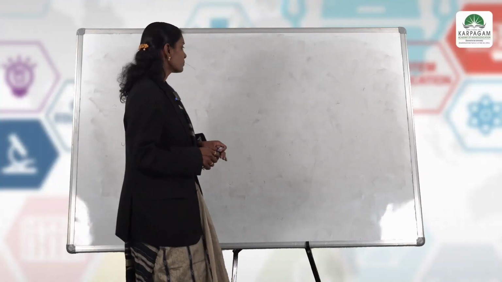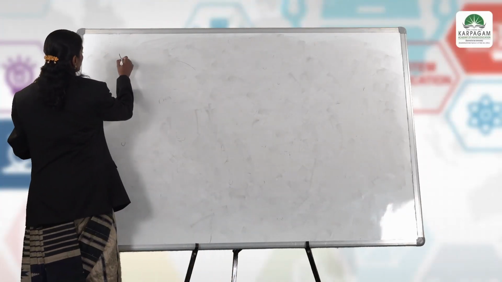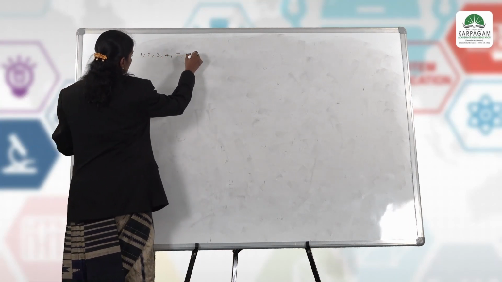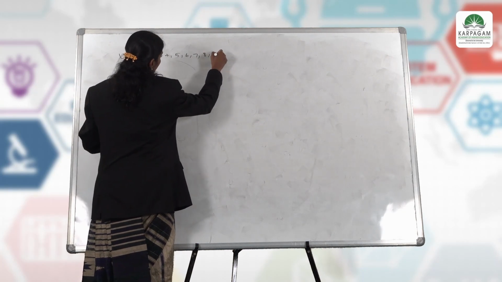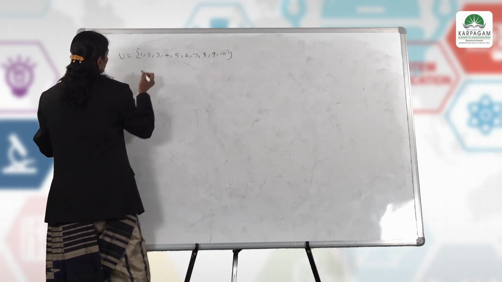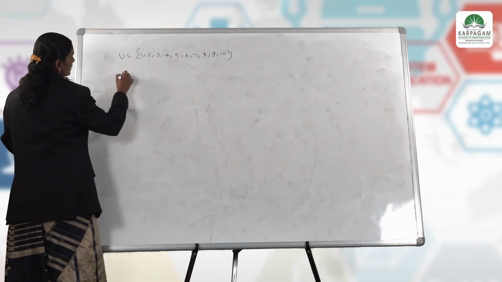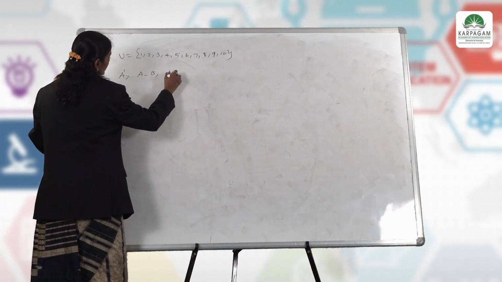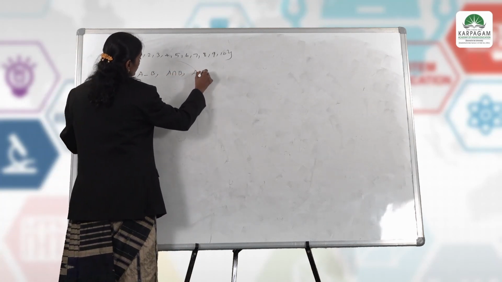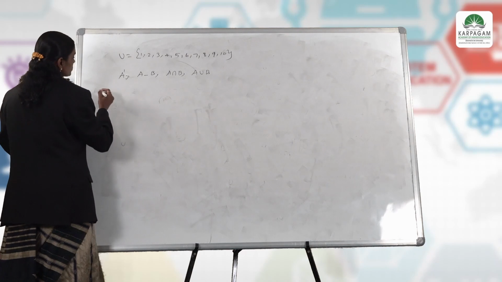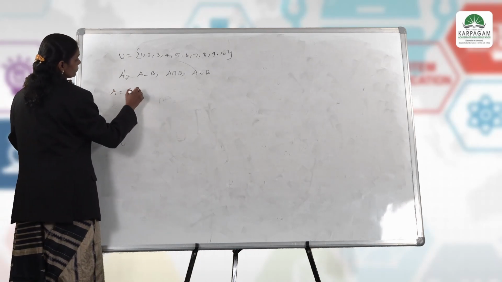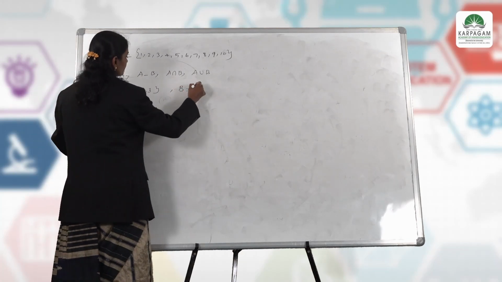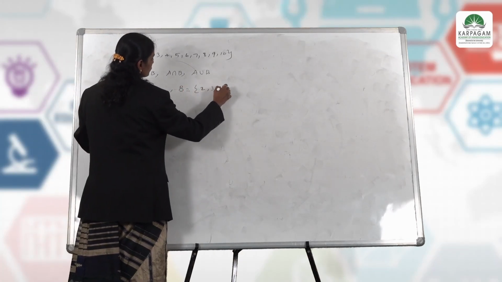Okay, now we are going to see some more examples. We can consider U is equal to {1, 2, 3, 4, 5, 6, 7, 8, 9, 10}. So here we are going to find A dash, then A minus B, A intersection B, A union B. So consider A is equal to {1, 2, 3}, B is equal to {2, 3, 4}.